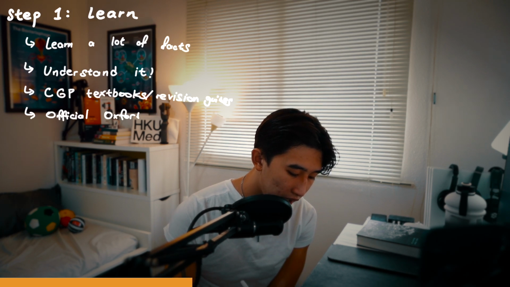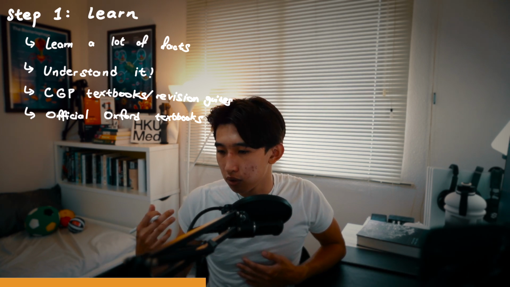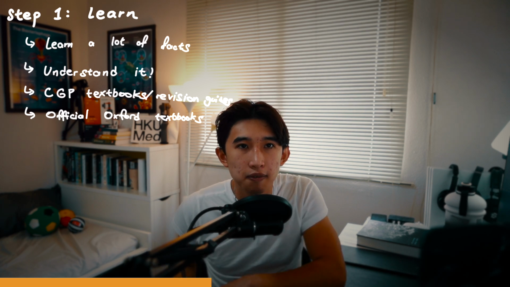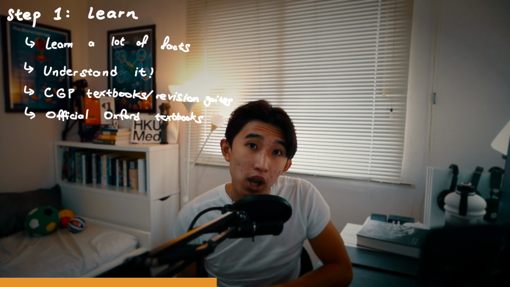These include more information that is potentially outside your specification, but is very useful to know and gives you an overall big picture. However, if you want to study smart and know exactly what you need for your exam, I really recommend the CGP textbooks. I utilized them quite a lot throughout my 2-year journey of sixth form.